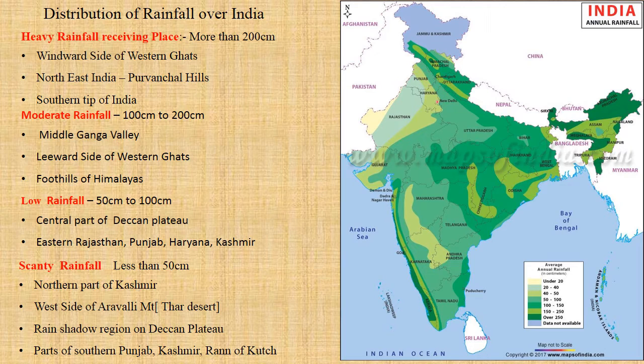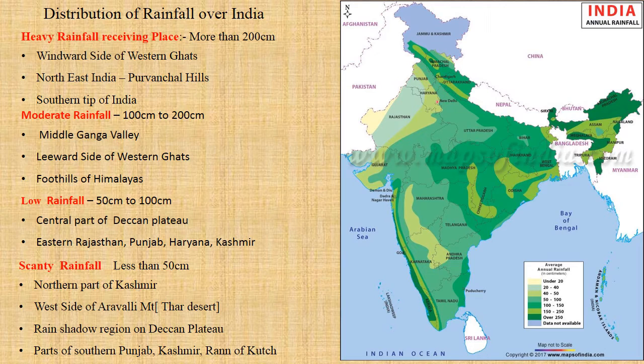Children, we have varied relief features, that means we have plains, plateaus, mountains, hills, and that's the reason we don't receive the same amount of rainfall in all parts of our country. Some places fall on the windward side, some on the leeward side, and some in rain shadow regions. So we have variation in the rainfall received in all parts of our country.